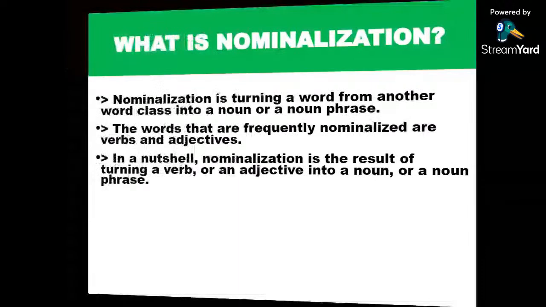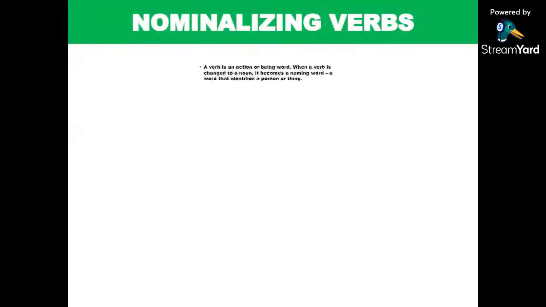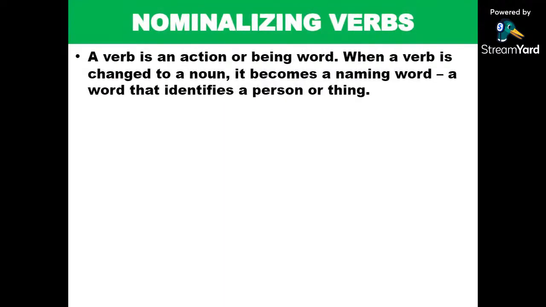We begin with nominalizing verbs. You know that a verb is an action or being word. When a verb is changed into a noun, it becomes a naming word, that is, a word that identifies a person or a thing.